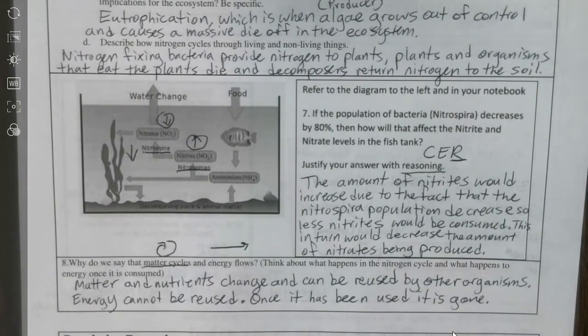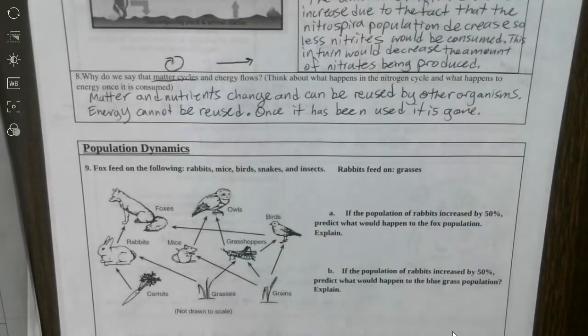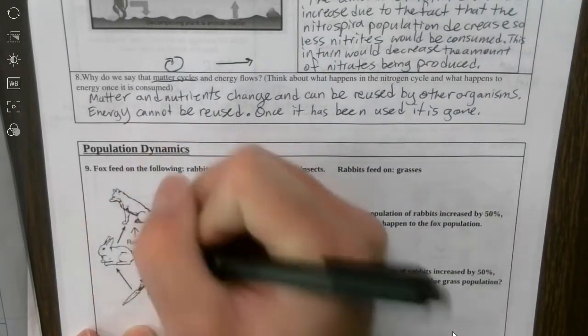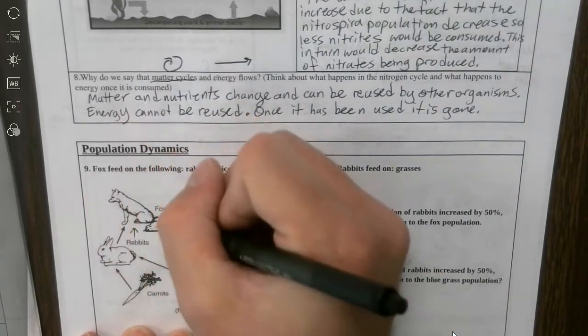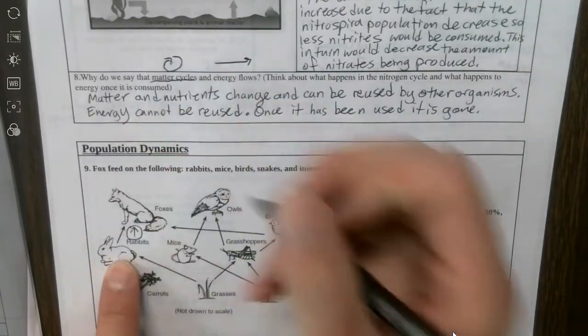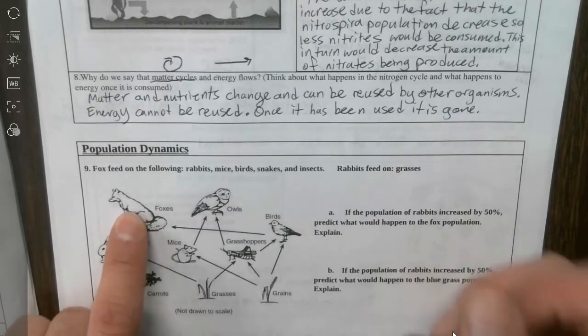So this next part is similar to what we talked about earlier. So looking at a food web, being able to see how some of these populations of organisms are connected to each other. So if the population of rabbits increases by 50%, predict what would happen to the fox population. So if we have 50% more rabbits, that means that there's going to be more food for the foxes.